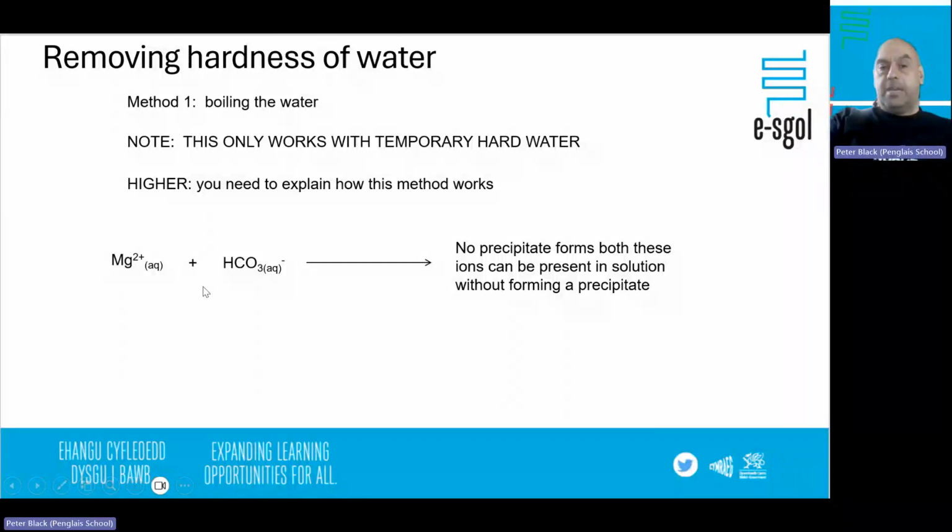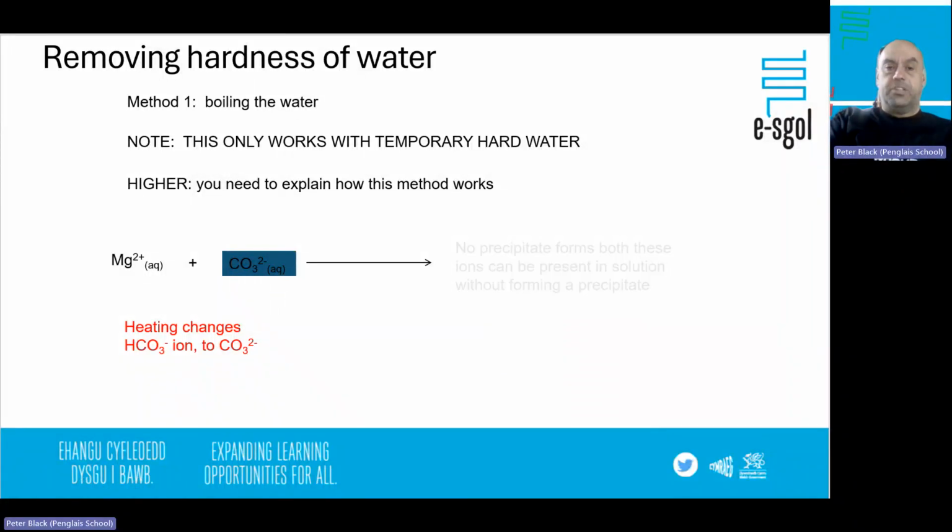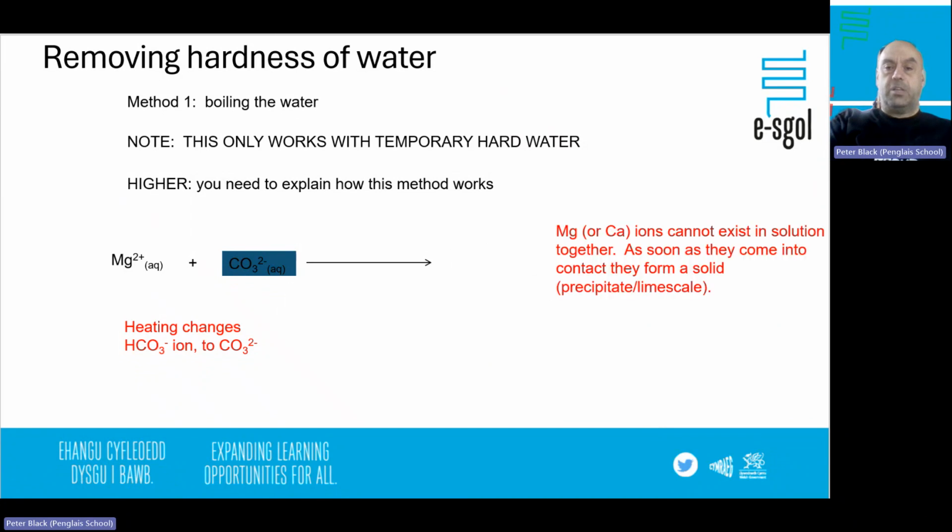But what happens is when we heat water up, the hydrogen carbonate ions actually chemically change, and they become a different ion. They become what's called a carbonate ion. You can see they've lost the hydrogen and got an extra negative charge. Now, this combination of ions, magnesium ions and carbonate ions, not hydrogen carbonate, but carbonate ions, actually forms a solid.